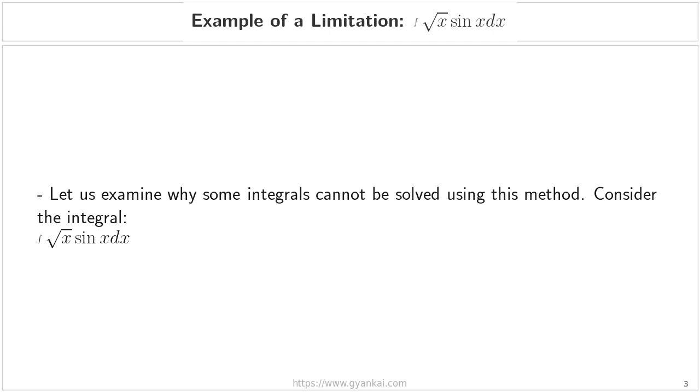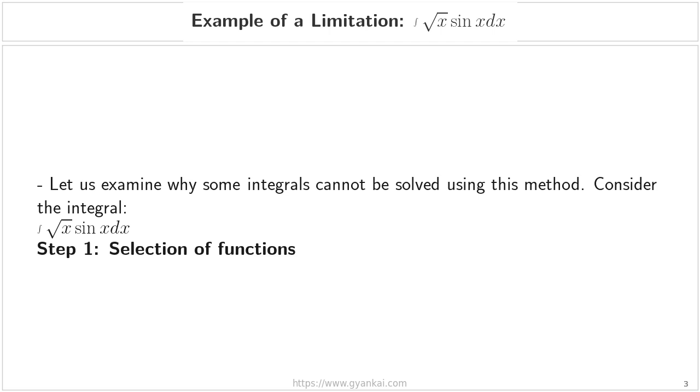Consider the integral of square root of x times sine of x with respect to x. Now, before we jump into applying the formula, let's think about the first step, selecting our functions, f of x and g of x. Remember from our previous discussions, we have a little priority guide to help us make this choice. We generally want to choose the function that, when differentiated, becomes simpler.